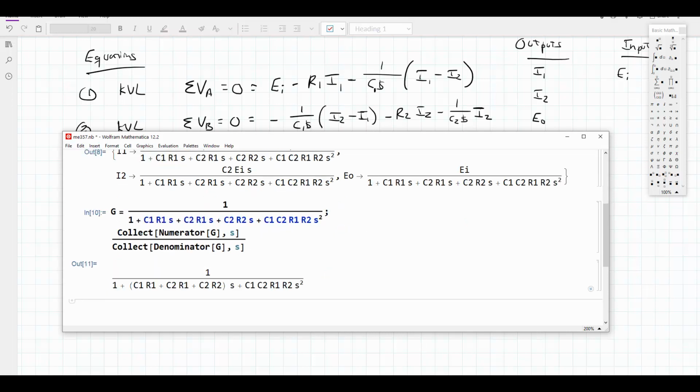All right, so now it's properly grouped our S terms together. We have those different parameters in there. So this is the transfer function that we're going to be interested in. We're just going to have to rewrite it to be in the standard form that we want for these types of problems.